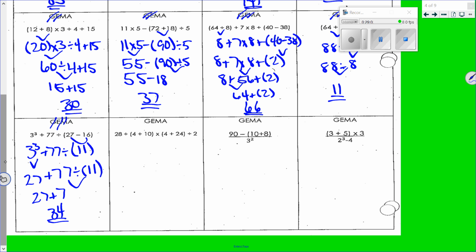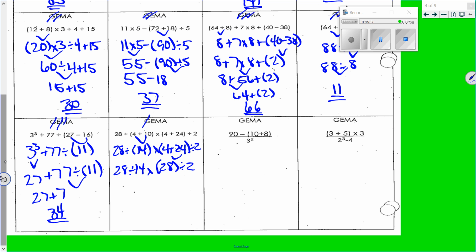Next up, we again have two groupings, so I'm going to start on the left one first. 28 divided by 14, times 4 plus 24 divided by 2. I still have a grouping to do. So 28 divided by 14 times 28 divided by 2.